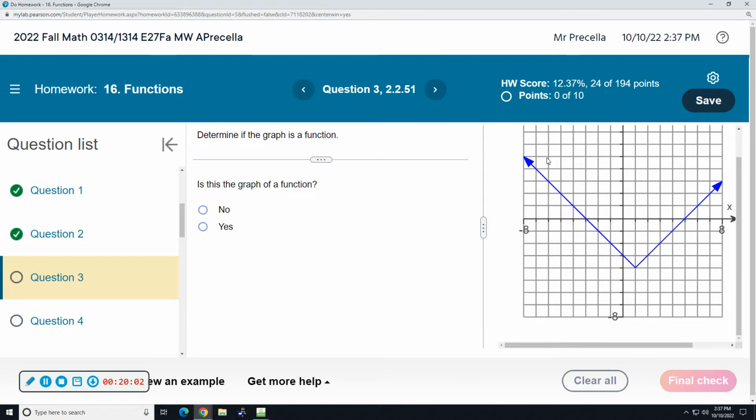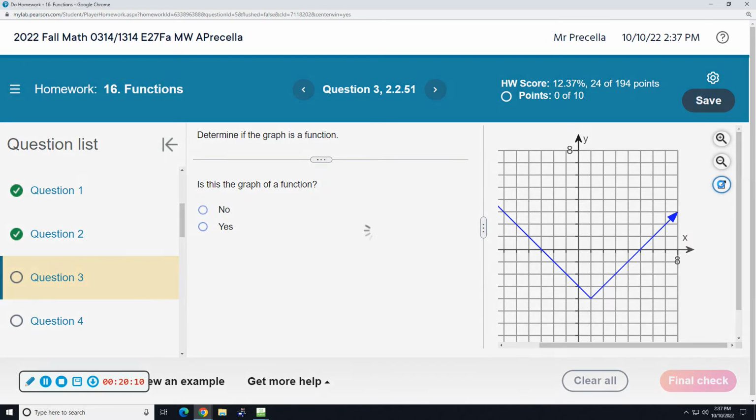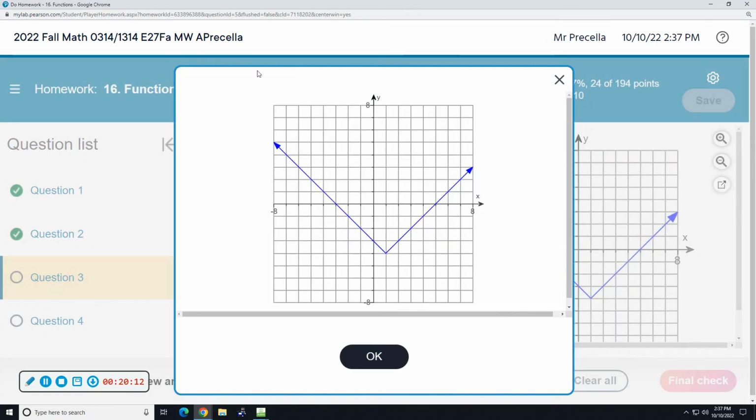There's a lot of vertical lines already drawn on here. Well, maybe I should pop this graph out instead. There. Look at these vertical lines, the x, y, the little grid marks. Do any of them intersect the graph more than once? No, just one time. So is this a function?